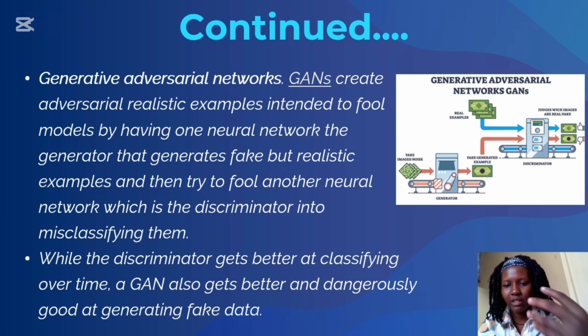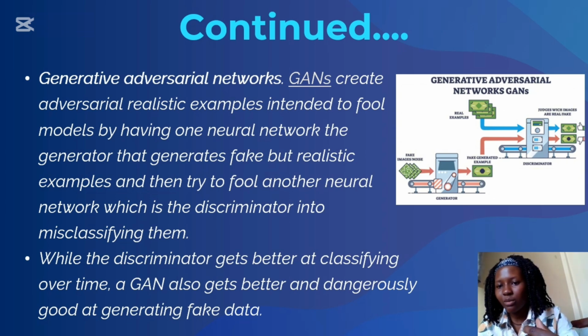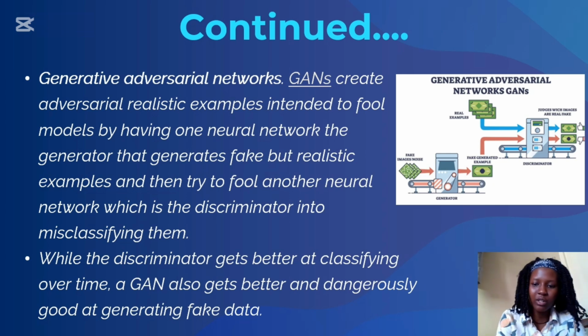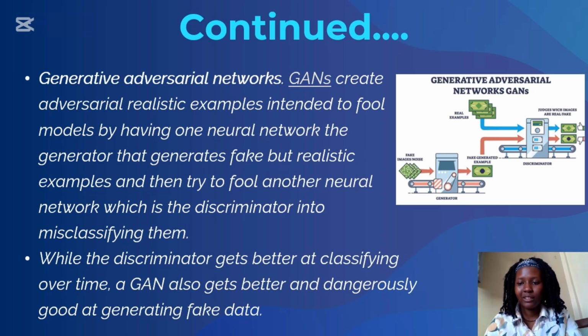When this discriminator keeps on receiving the data, it's going to judge which one is real and which one is fake. And for cases where things go wrong, this discriminator might end up falling more onto the fake side, causing the machine learning model to misjudge or misclassify the data it has been given.